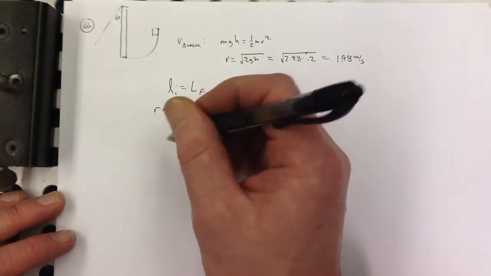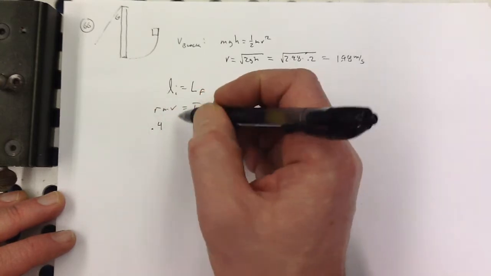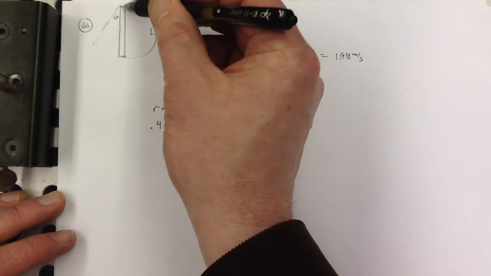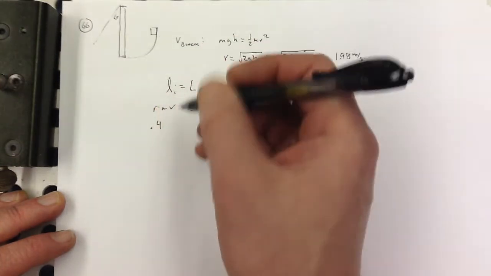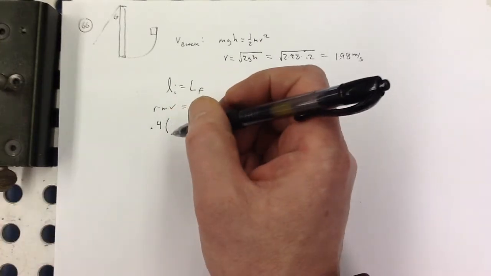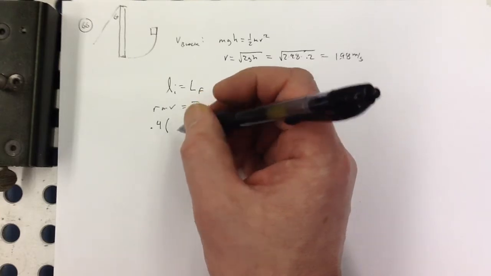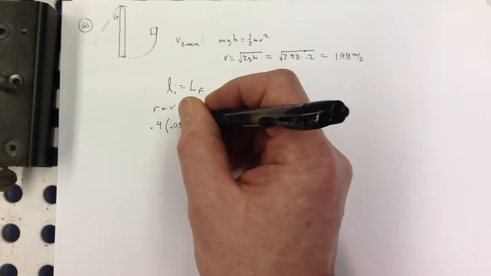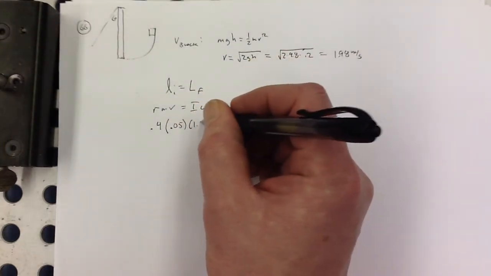So r is 0.4. That's how far the block is when it collides away from the axis. The mass of the block is, was it 0.5? No, 0.05, sorry. The velocity of the block is 1.98.